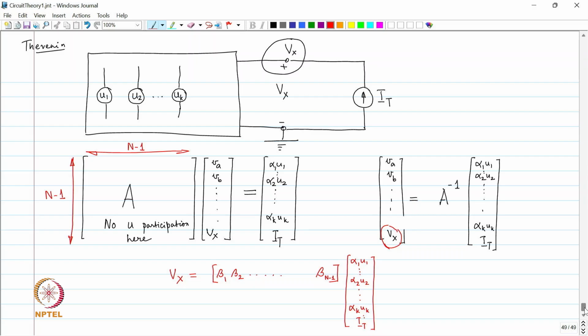This is the overall scheme of things, and if I expand it out, what do I get?